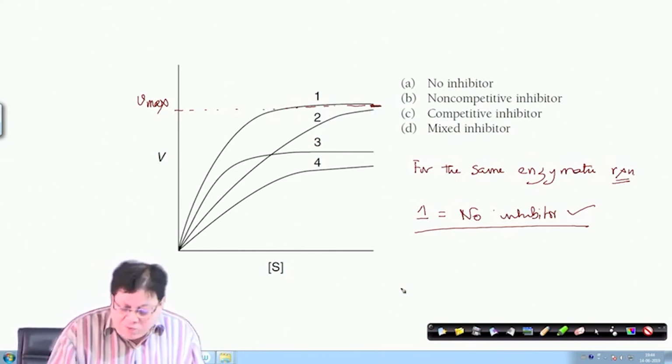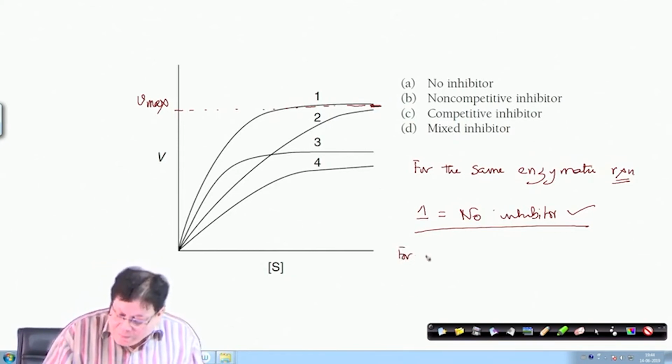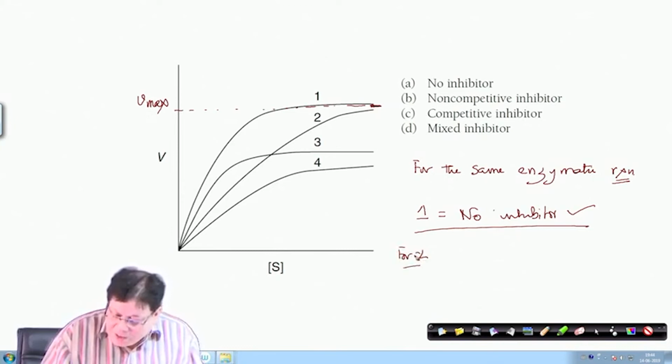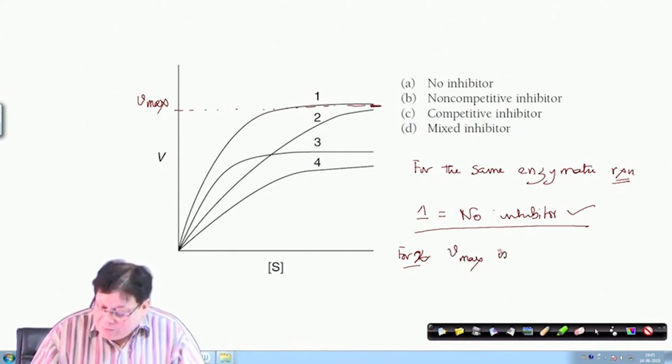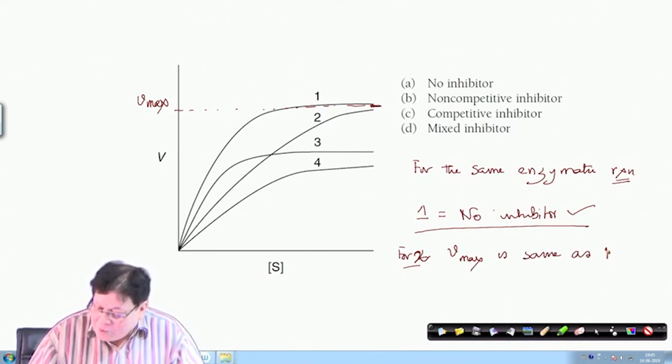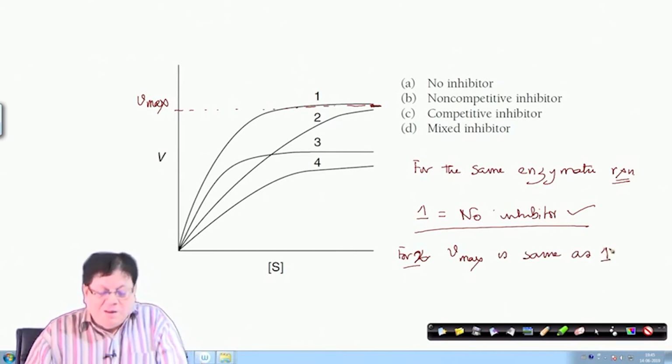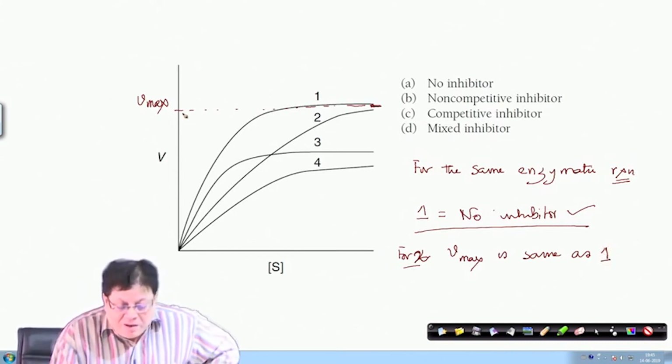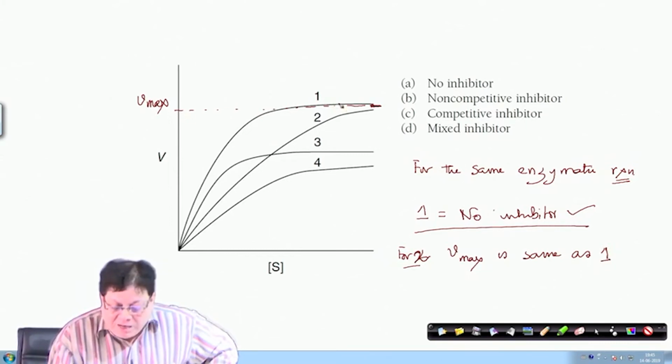So, the V max value for 2 is the same as for 1, where there is no inhibitor. Okay. Now, this is the number 1 curve which has no inhibitor.